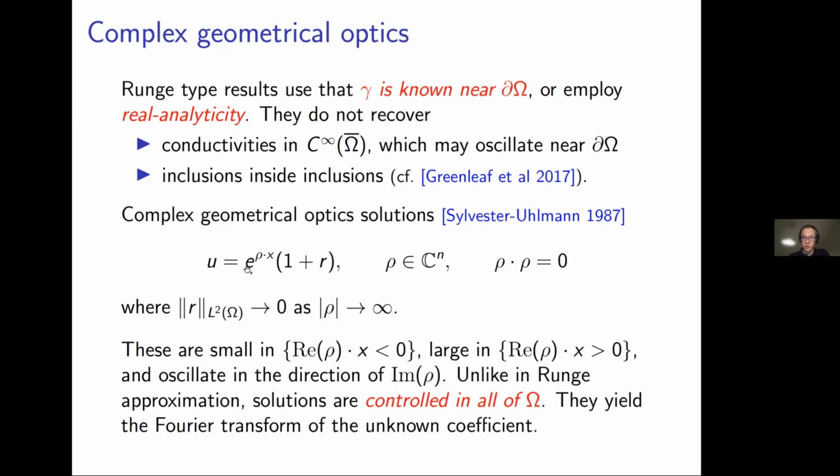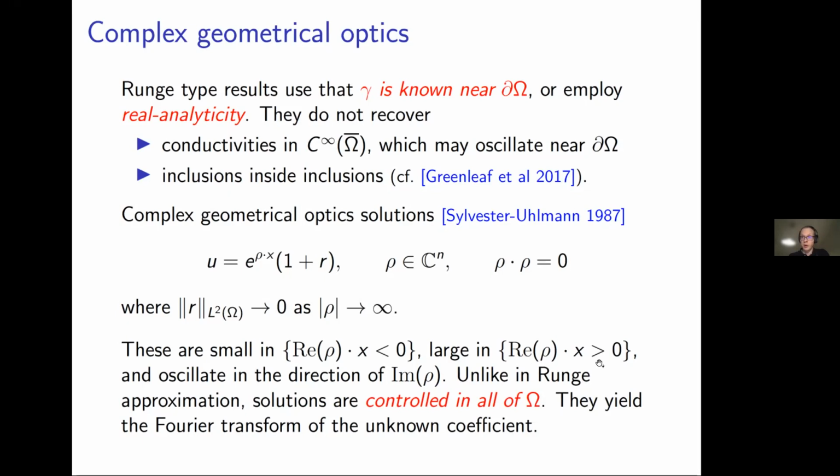So these solutions also concentrate energy on some parts of the domain. Actually these solutions are exponentially small when the exponential is decaying, so there's a half space where the real part of rho dot x is negative. But they are also exponentially large in the set where this thing in the exponential is positive.